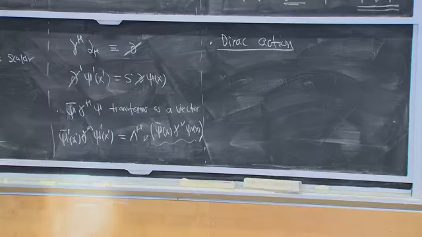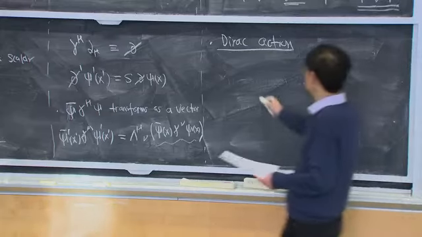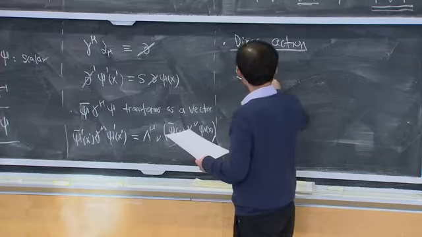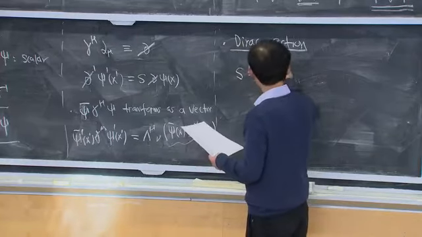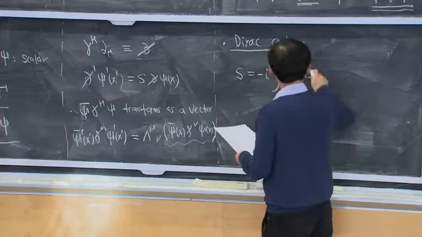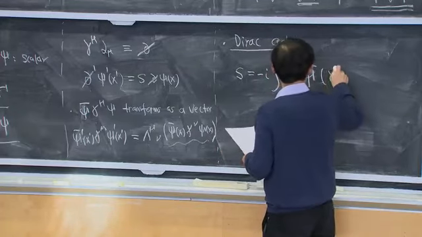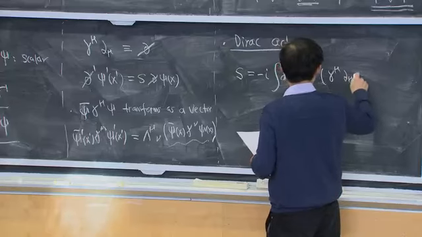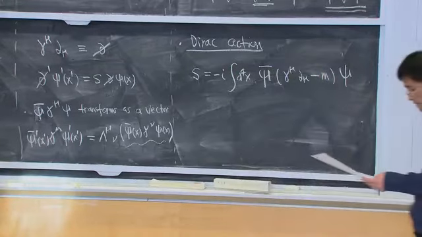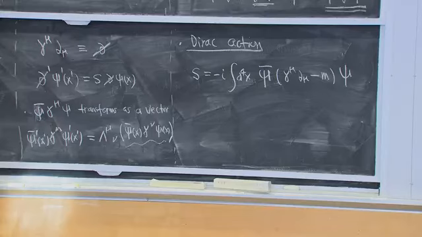It's very intuitive. S equals minus i integral d4x psi bar, gamma mu partial mu minus m, psi. Okay? So this is the answer.